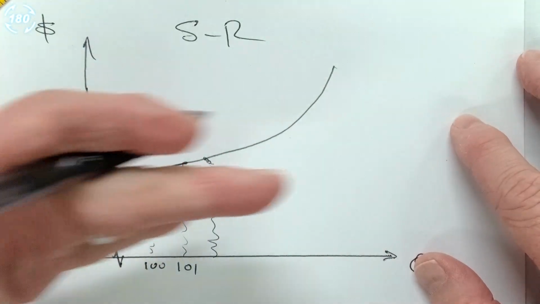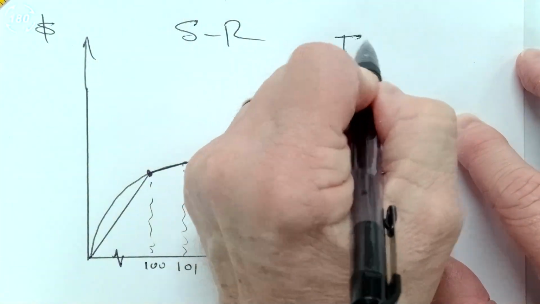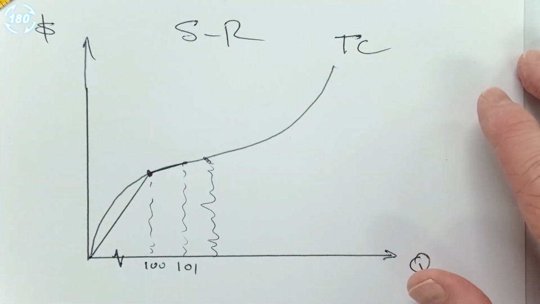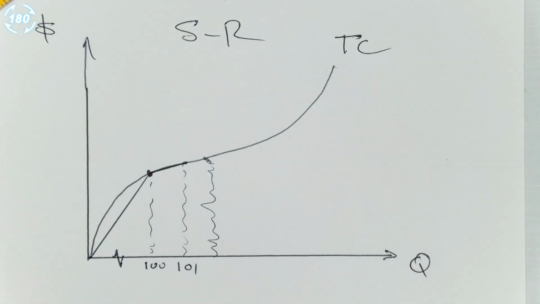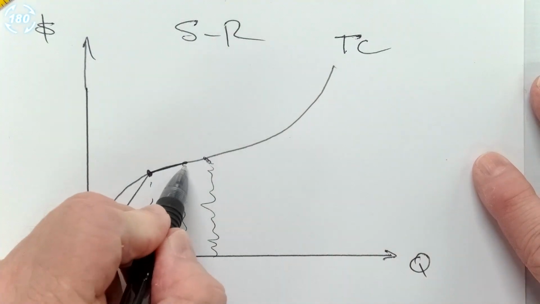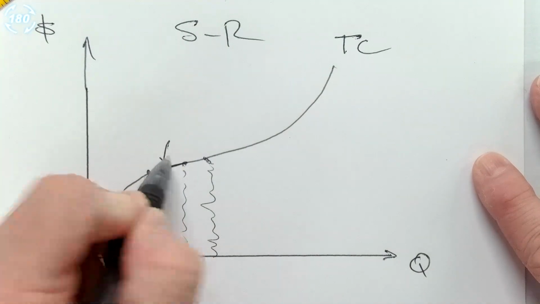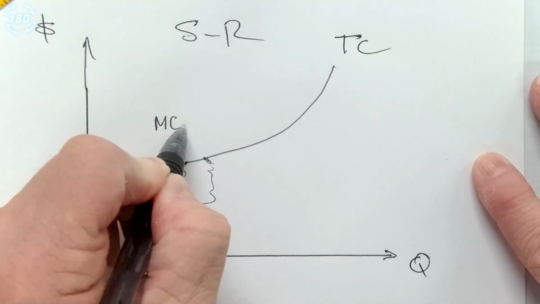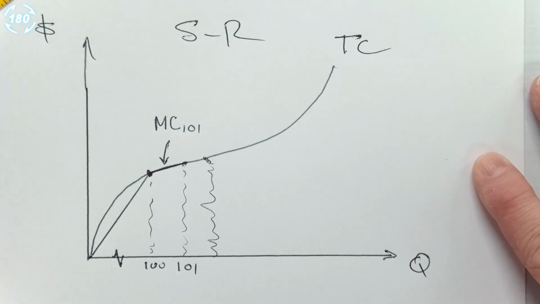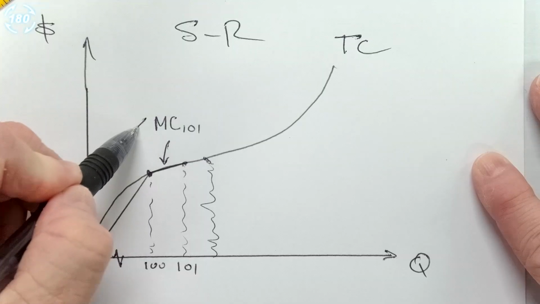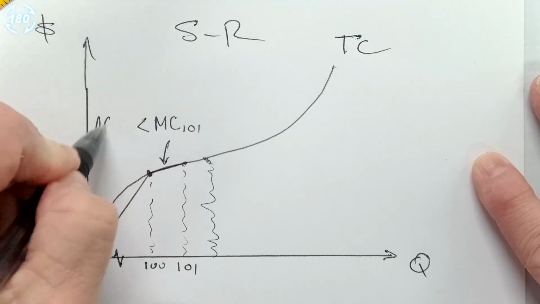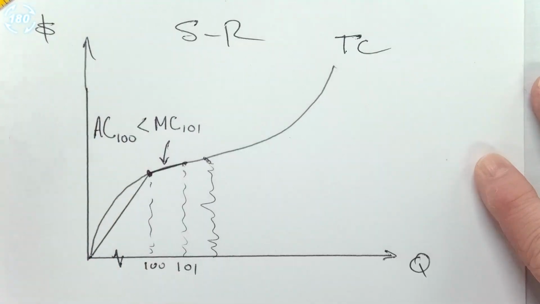Initially here, for this total cost curve, you're experiencing decreasing marginal cost because the total product curve has increasing returns to labor. And so what you see is that the slope of the marginal cost curve, this would be the marginal cost of the 101st unit, is less than the average cost of 100 units, okay?